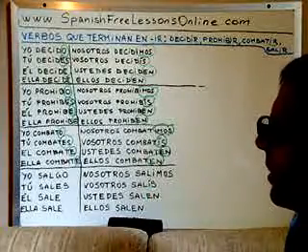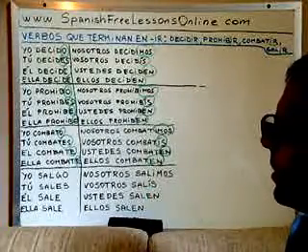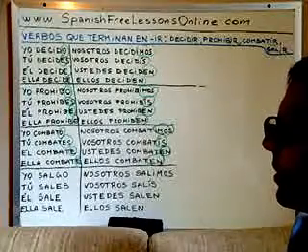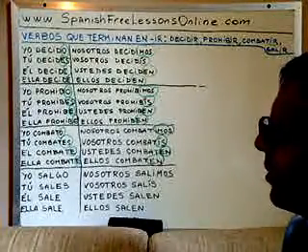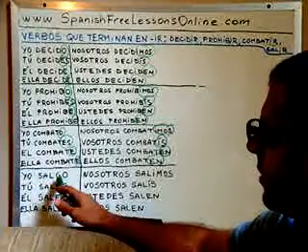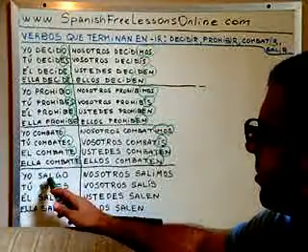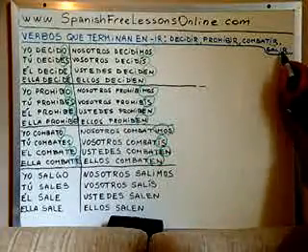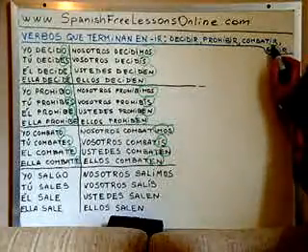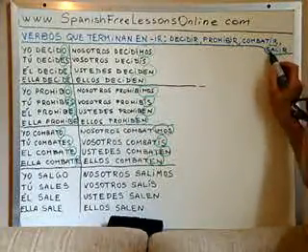This verb has a special conjugation, irregular, for the first person of the singular, for yo. You see there is a G. So the root of the verb is sal, right? So ir is the ending. Sal would be the root.